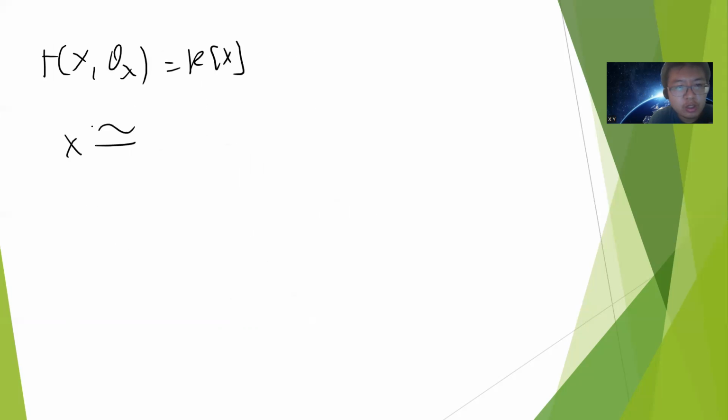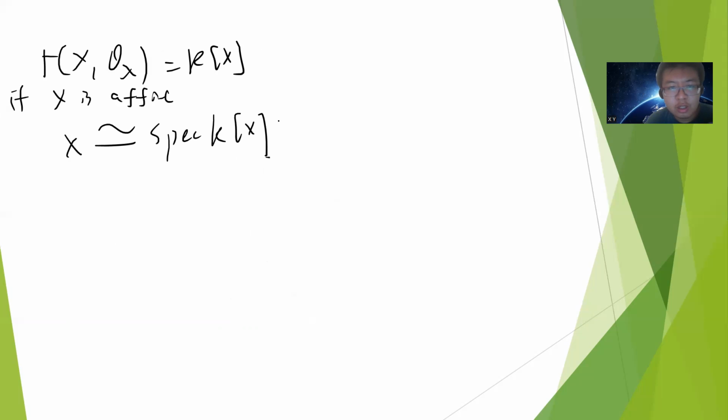So if X is affine, then X should be homeomorphic to Spec k[x], which is the affine line by definition. But this has a contradiction.